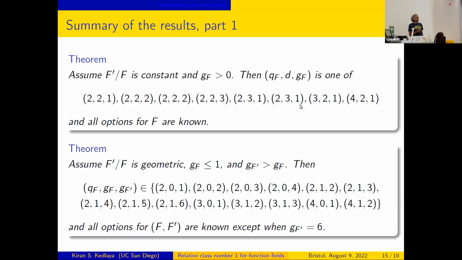Likewise, if you have an extension which is geometric and the base field has genus at most 1, then as you see, I have Q equals 2, G prime equals 6 as an option. There aren't very many options for Q equals 3 and Q equals 4, and everything is pinned down perfectly except when G prime equals 6.